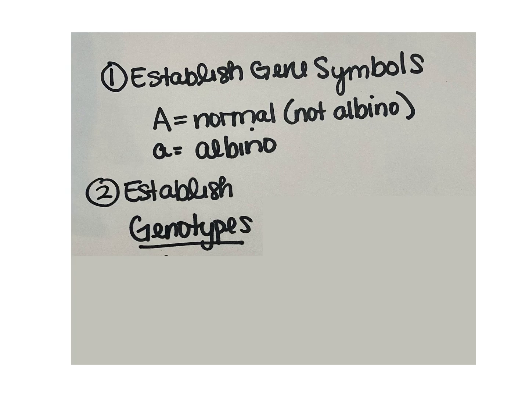The next thing before trying to move on to answering the question is again setting the stage for yourself. Establish the genotypes that are going to be possible given the gene symbols that you've just utilized. So what are the genotypes that are possible in any type of situation? Well, we can have homozygous dominant, we can have heterozygous, or we can have homozygous recessive. Two uppercase A's, an uppercase A and a lowercase a, and two lowercase a, respectively.